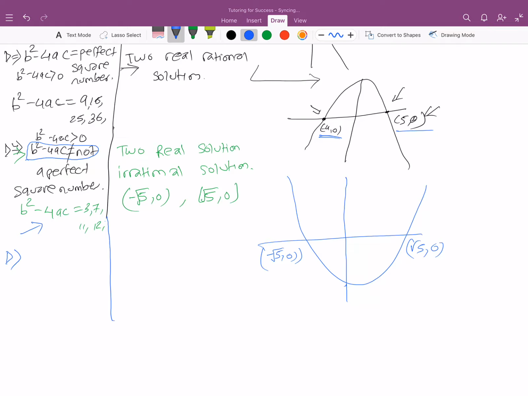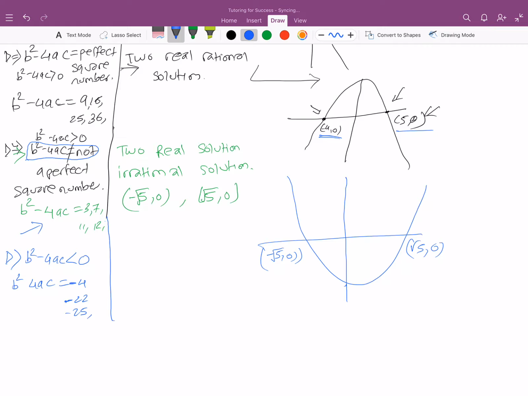So b squared minus 4ac is less than 0. So what does it mean to have a number less than 0? You solved b squared minus 4ac, as just an example, and then you happen to get negative 4 or negative 22 or negative 25. It doesn't matter.